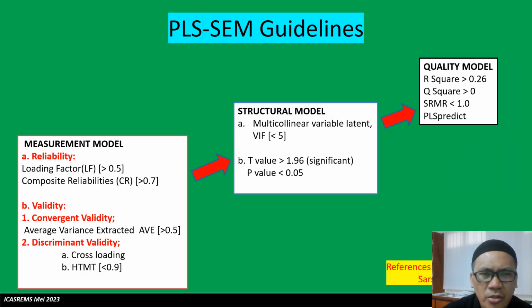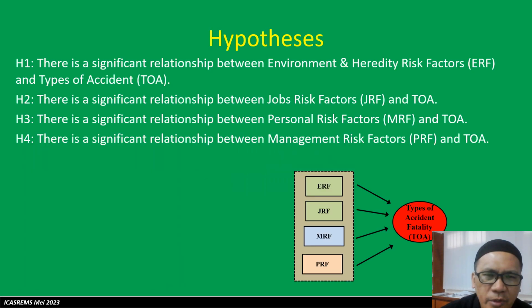So here is the PLS-SEM guideline to develop the model. Starting from the measurement model, and then the structural model, and then lastly we check the quality of the model. To develop the model, we need a hypothesis.